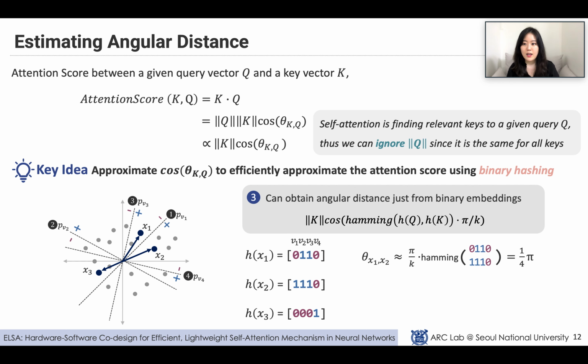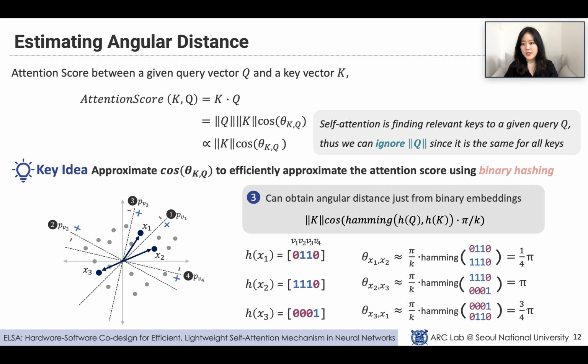And for the angular distance between vector x2 and x3, we compute the Hamming distance between those two, which is 4, and then again multiply pi over 4. The estimated angular distance here is pi, and you can see that the angle between vector x2 and x3 is almost pi in the figure too. Similarly, we can get the approximate angular distance between vector x3 and x1.